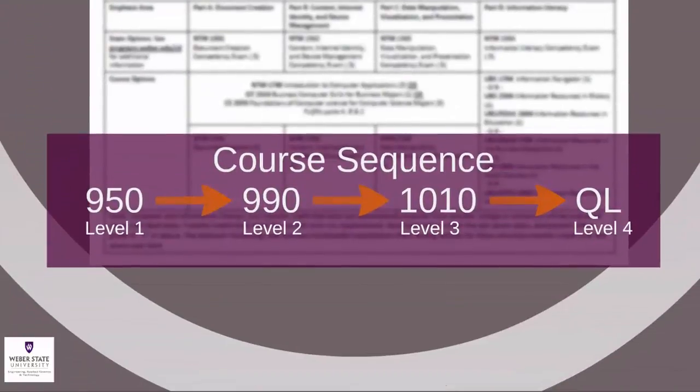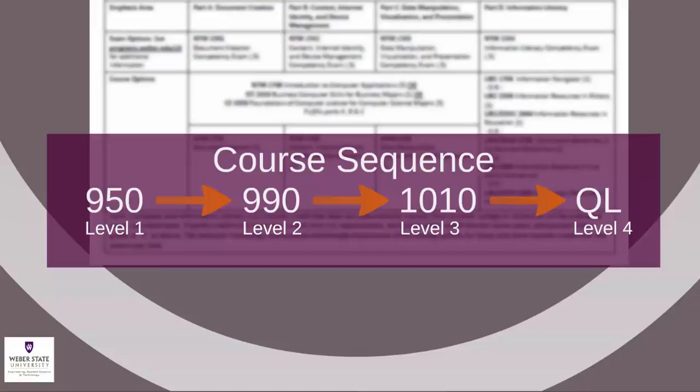The Manufacturing Engineering Technology math sequence is Math 950, Math 990, Math 1010, Math 1080. Please note that Math 950, 990, and 1010 are considered developmental courses.